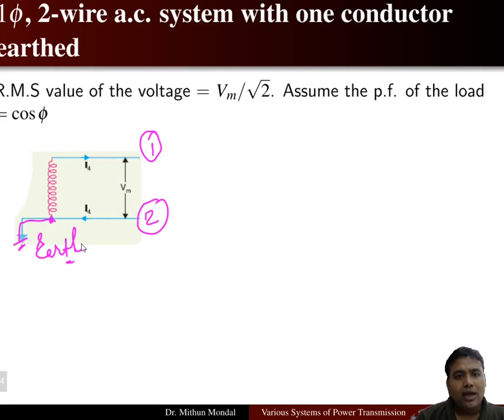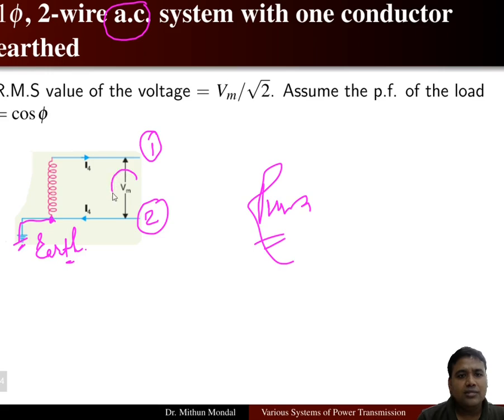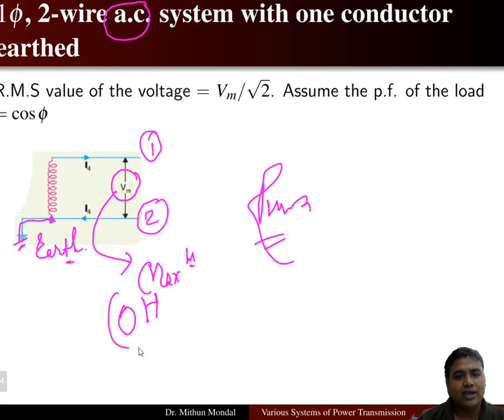So now understand this is an AC system and not a DC system. So whatever calculation we are going to do has to be in the RMS quantity, root mean square quantity, right? The assumption is Vm is the maximum voltage between the conductor and the earth.